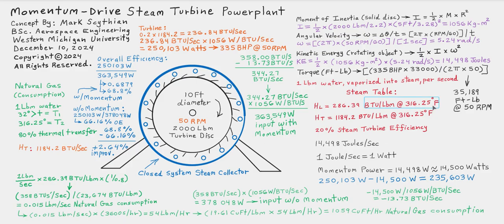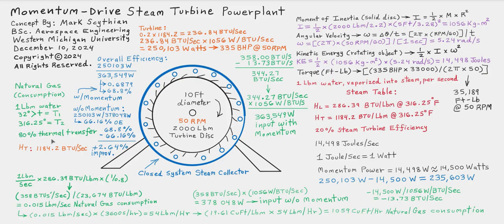of 316.25 Fahrenheit. So we would have to then take the 286.39 BTUs times 1 pound per second water vaporization, then times the 80% thermal transfer efficiency. We can't reach 100% of heat combustion of natural gas heat transfer into the boiler, but we're approaching about 80 to 85%.